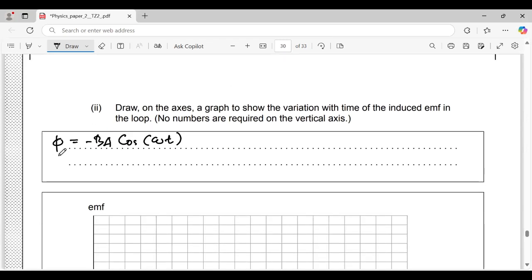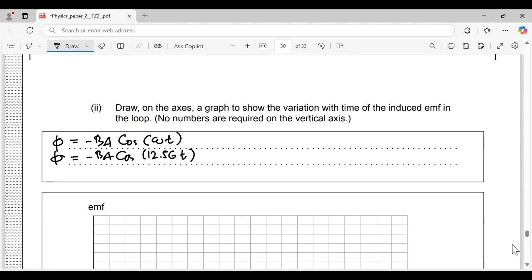So I can write this formula as minus BA cosine 12.56 T, like that.